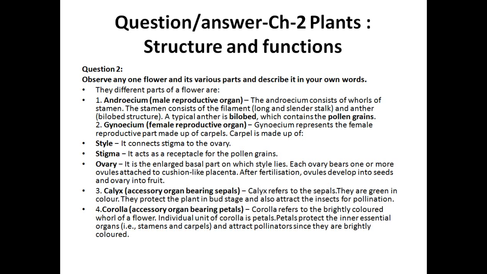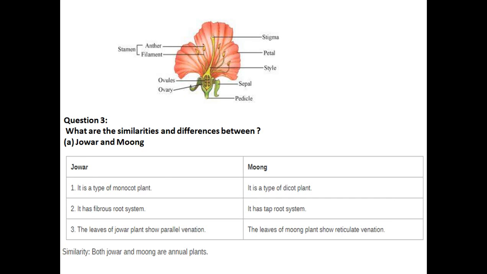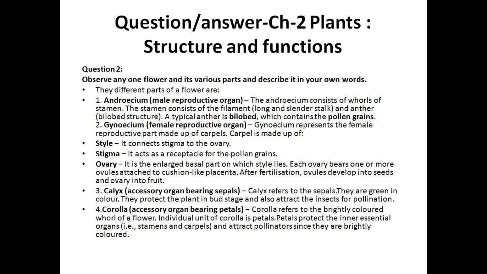So you can draw that picture. I have also given here the picture of the same flower, because all the parts are differentiated in this type of flower. If you take a rose flower, there is also androecium and stigma and style, but it's not differentiated. But in hibiscus flower, every part is differentiated. So you can just take that flower and then start explaining it.